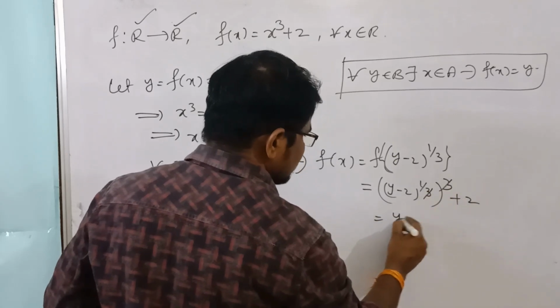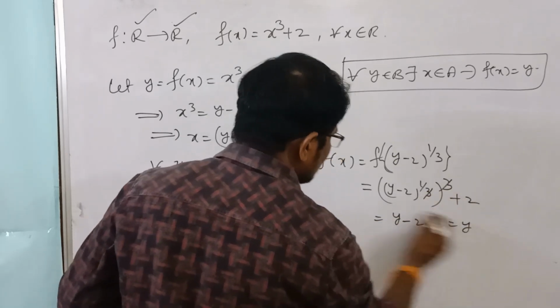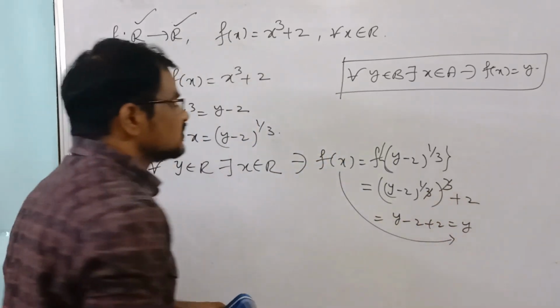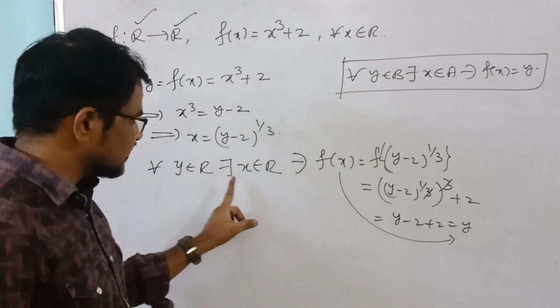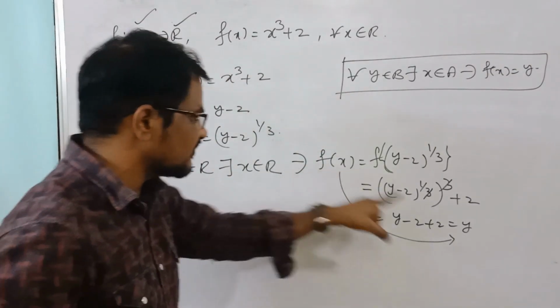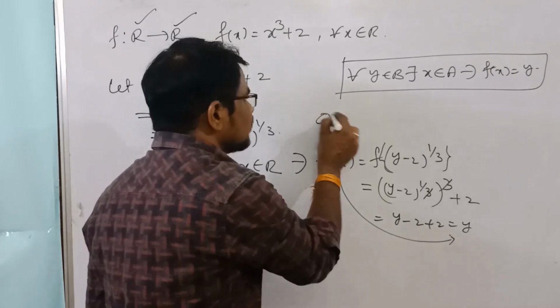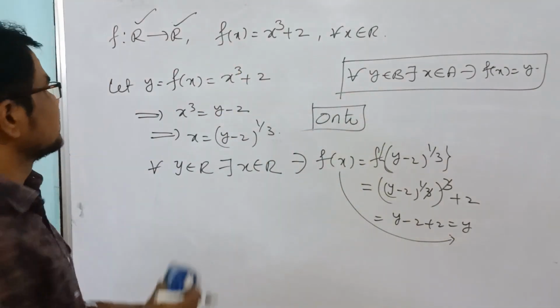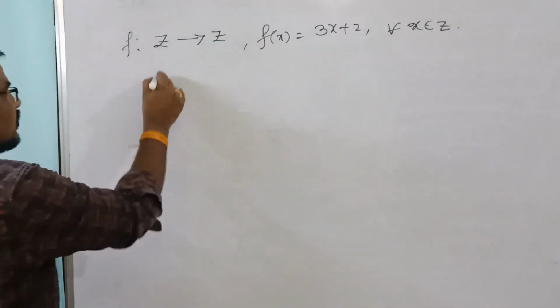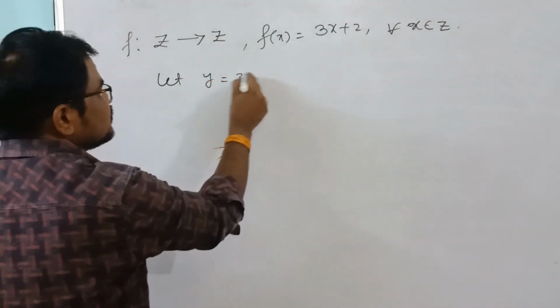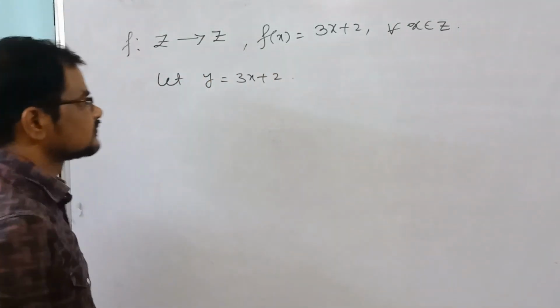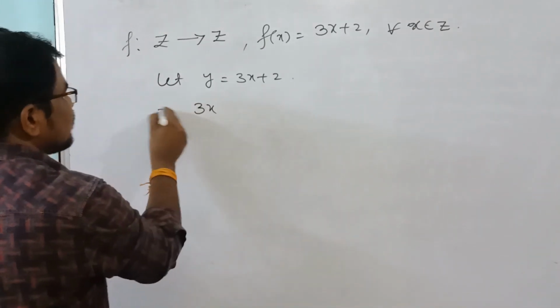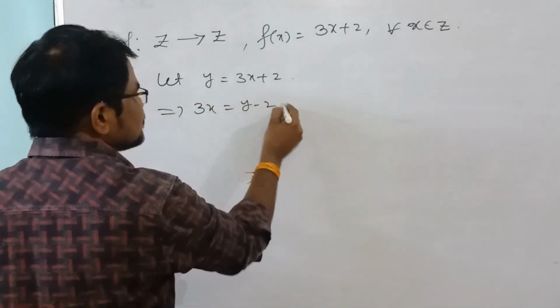These two get cancelled. y minus 2 plus 2 equals y. f of x equals y. So for all y belongs to real numbers, there exists x belongs to real numbers such that f of x equals y. So therefore, clearly the given function is what? Onto function, right?